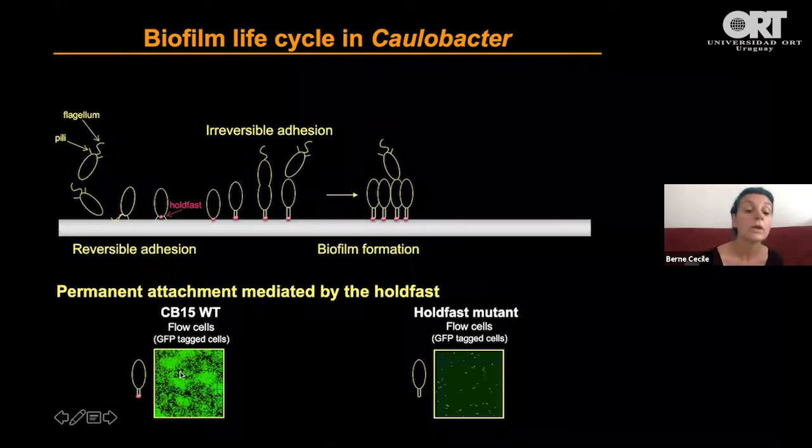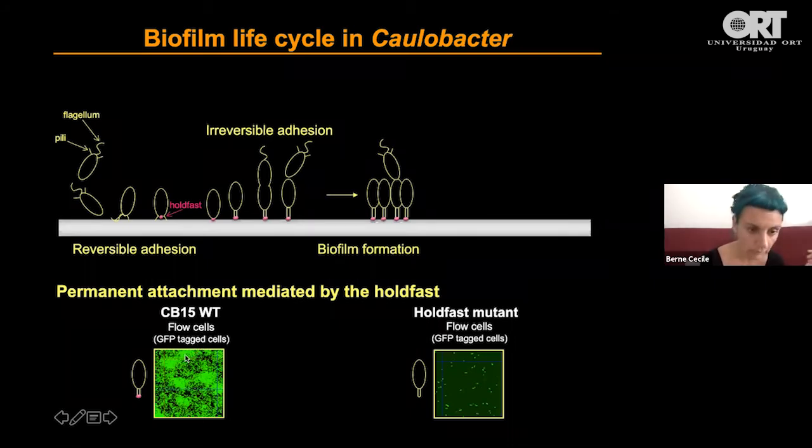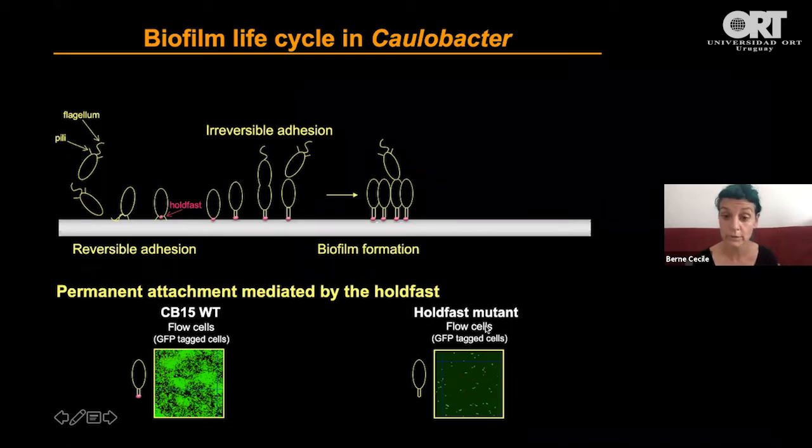Here we've got wild-type cells that have been labeled in green, so we can see them. We are looking at the surface from the top, and you can see that after a few hours, you've got a lot of cells attached to the surface, all these green dots. However, if you make a holdfast mutant, you've got barely any cells, which means that if you don't have a holdfast, you can't stick permanently to the surface. This is very important for the rest of my talk.